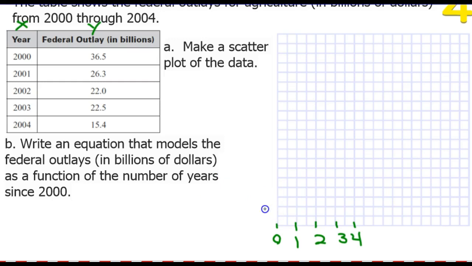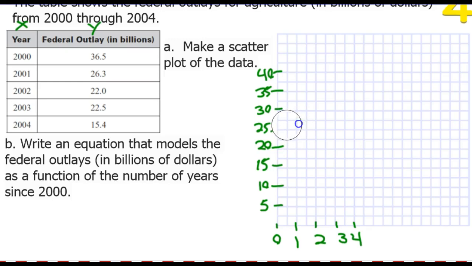This looks like I'm going to go up by 5s. So 5, 10, 15, 20, 25, 30, 35, and 40. So at 2000, it's at 36.5. So about here. 2001, it's 26.3.